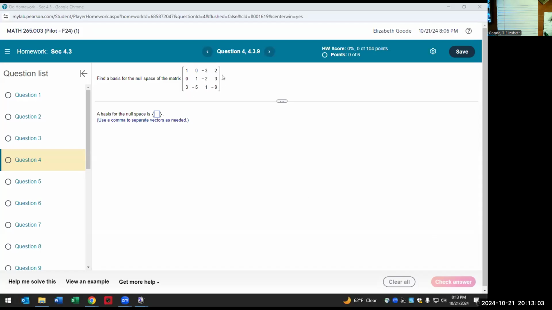Does it have these numbers or does it have different numbers? Can you see it? Yeah, it's 1 0 -5 for me. So maybe the numbers are a little bit different, but we can still work. We need to find a basis for the null space.